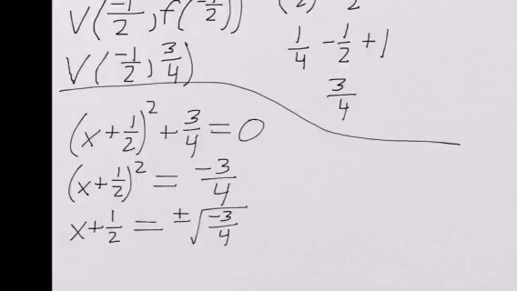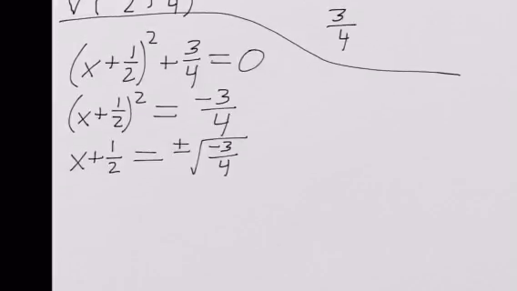So we have a negative underneath the square root, so the first thing we need to do is factor that out as an i. And I'm also going to apply a rule that you might remember from previous algebra courses. I can write the square root of 3/4 as the square root of 3 over the square root of 4.